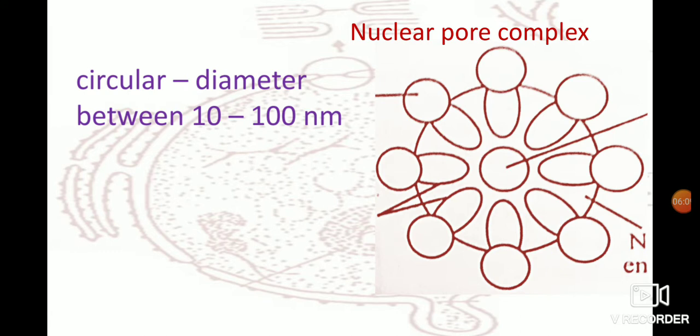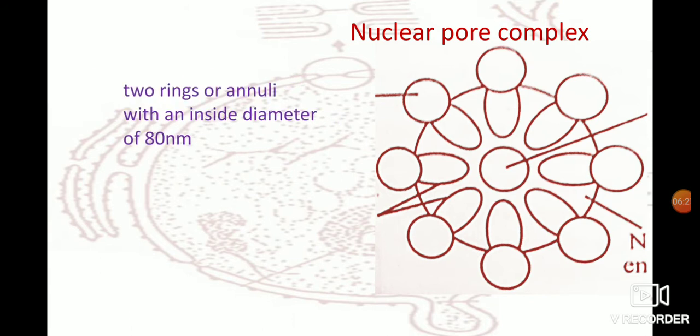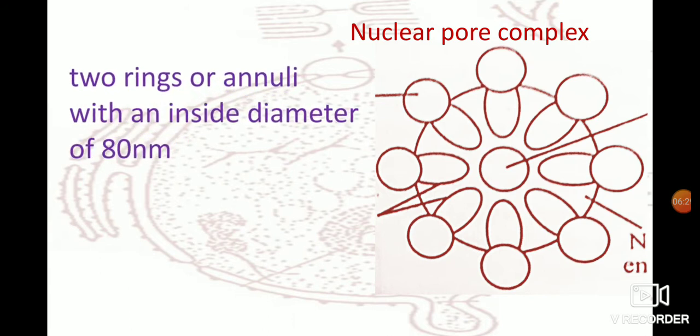The nuclear pore has a complex organization. So the entire structure of the nuclear pore is called the nuclear pore complex. The nuclear pore complex consists of two rings or annuli with an inside diameter of 80 nanometers.